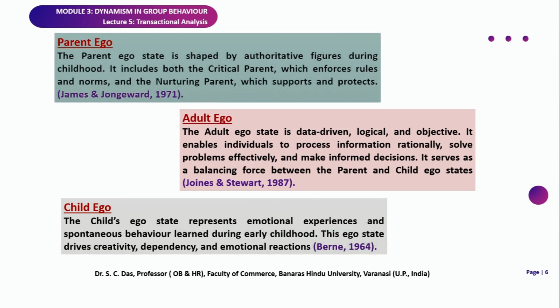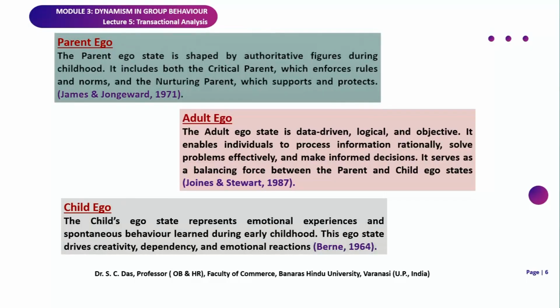What is it exactly? It is basically your behavior like a parent, and you are behaving like a parent to your subordinates, and you may have some kind of dominant power, dominancy, you may use some kind of power.